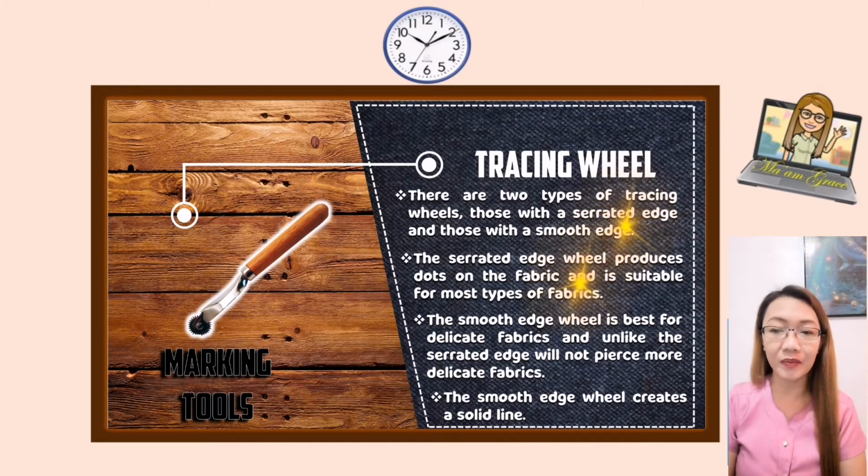This is suitable for most types of fabrics, while the smooth edge tracing wheel is best for delicate fabrics, and unlike the serrated edge, this will not pierce more delicate fabrics. The smooth edge tracing wheel creates a solid line.